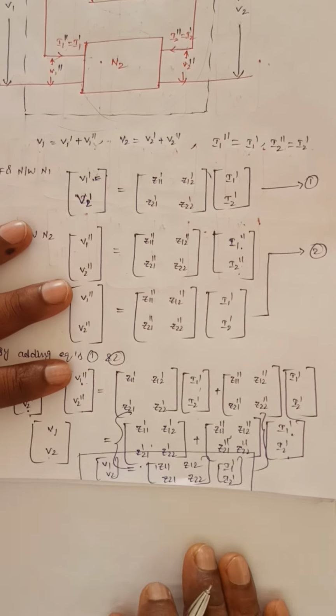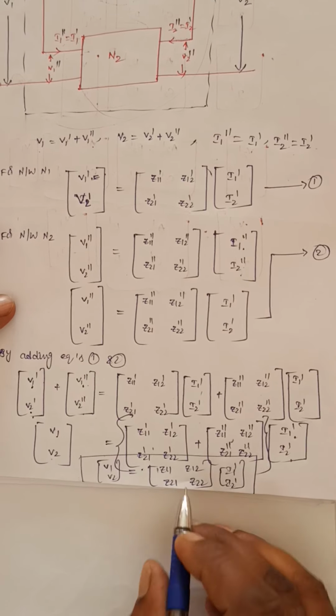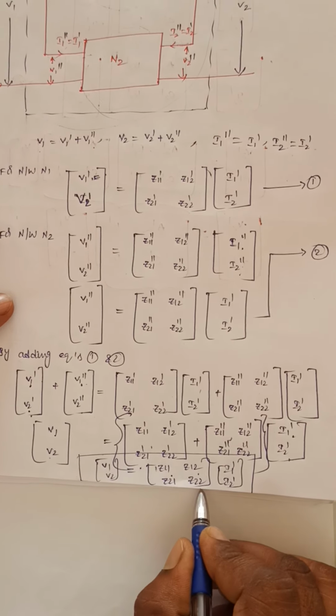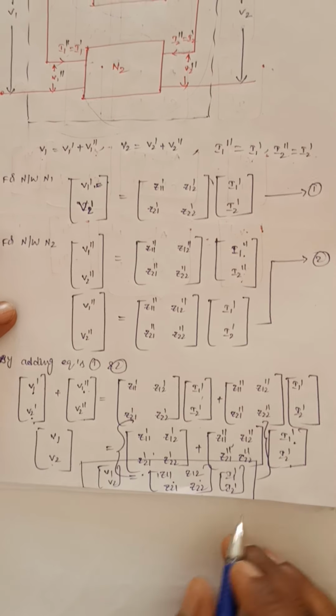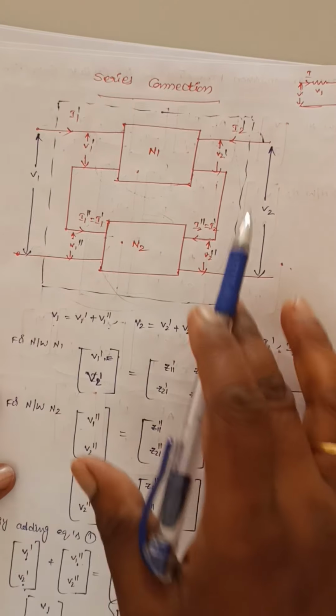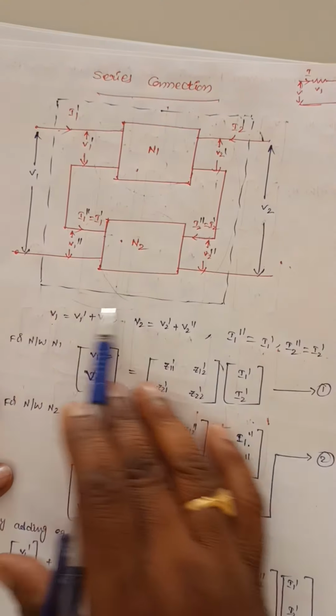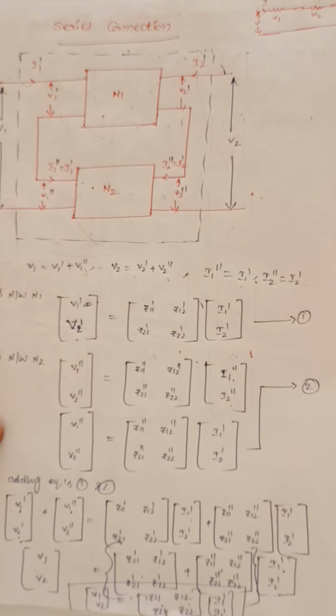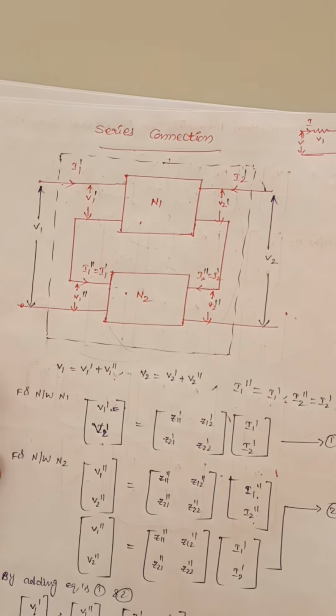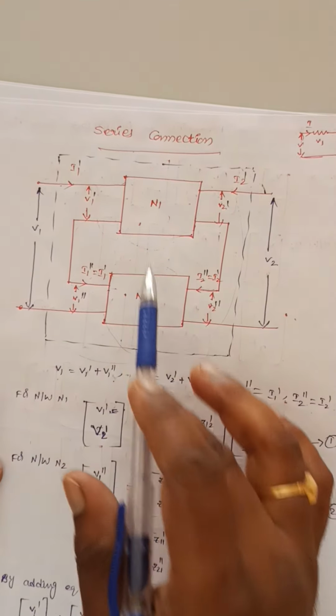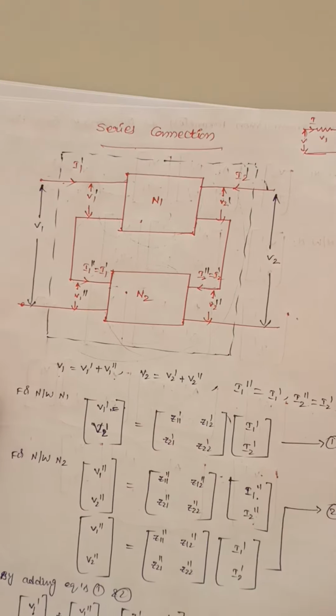So these Z11, Z12, Z21, Z22 are the Z parameters of the series connection of these two networks, which can be obtained by adding the Z parameters of N1 with the Z parameters of N2. Alright, so that is about the series connection of Z networks.